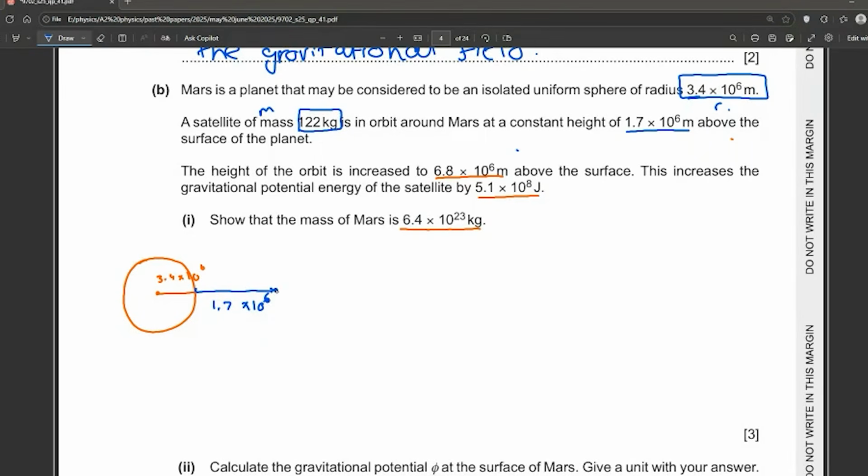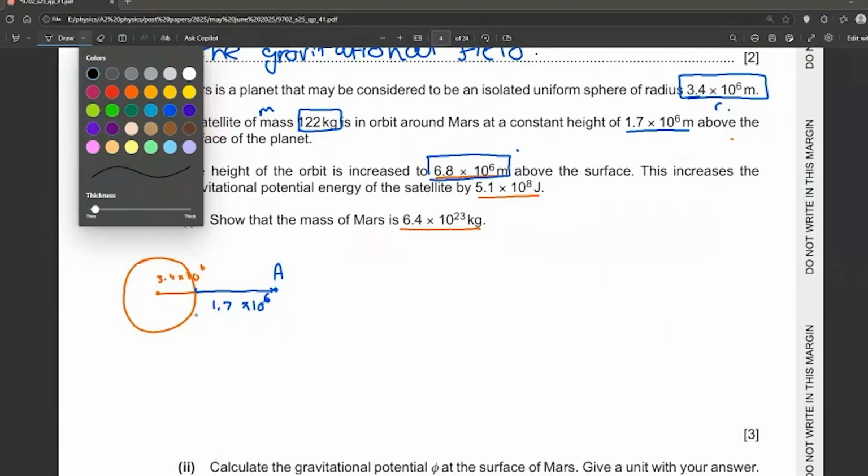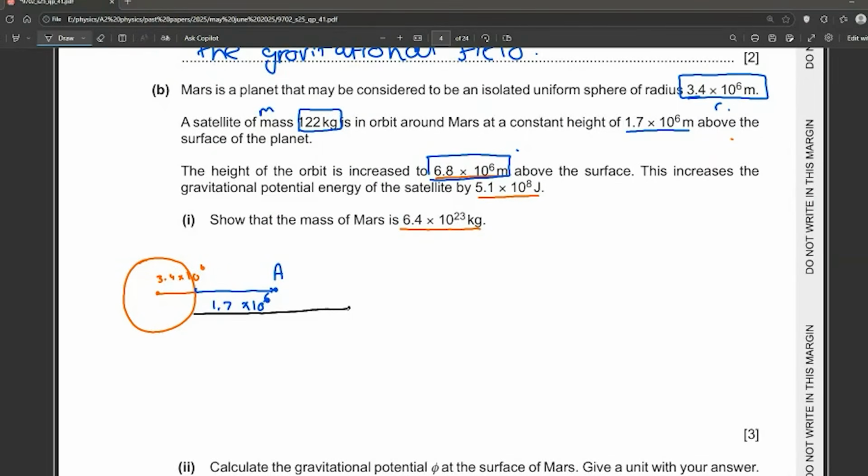This is your initial position, position A. The height is increased so that now the height is 6.8 times 10 raised to the power of 6, at point B. The change in gravitational potential energy from A to B is 5.1 times 10 raised to the power of 8.